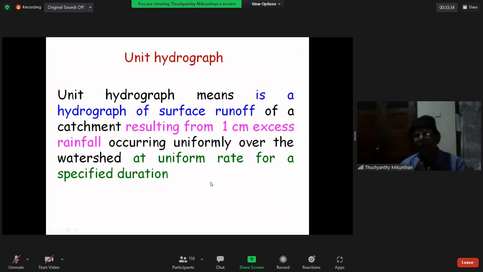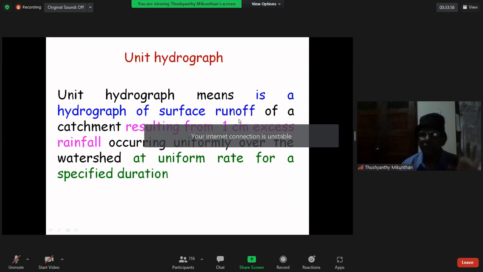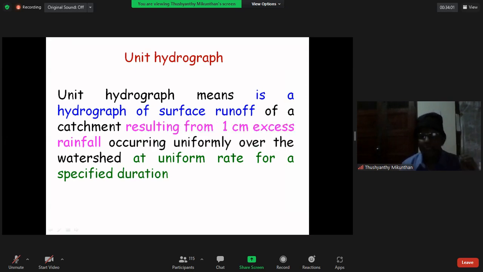Again, the second topic, unit hydrograph. What I explained up to now was the hydrograph; this is the unit hydrograph. This is the definition: hydrograph of surface runoff of a particular catchment, whatever it is, resulting from 1 centimeter excess rainfall.